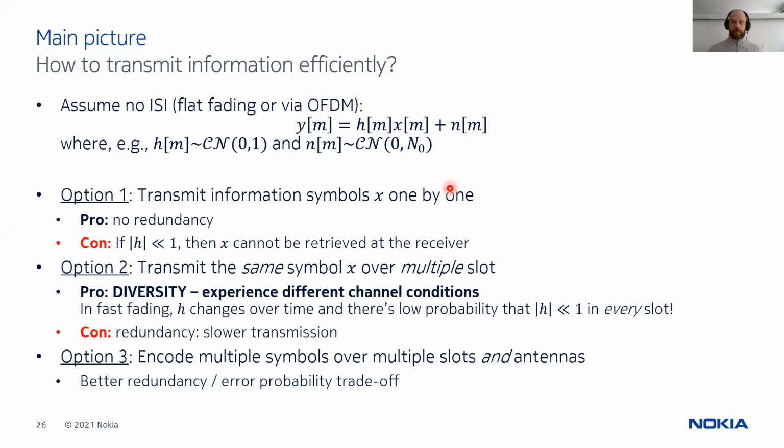Now let's start talking about how to actually transmit information. We didn't really talk about how to transmit information efficiently. We just said that there is something to be transmitted and something that is received. But then this something has to convey information, what you want to transmit from point A to point B.